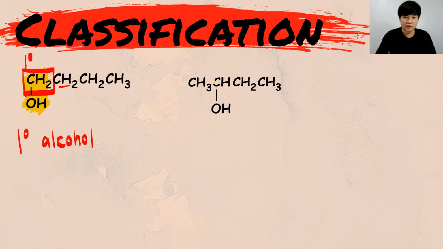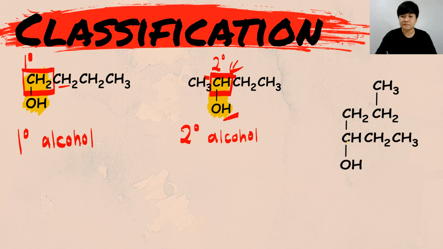Next, looking at the carbon holding the OH group only, this carbon is a secondary carbon because it is bonded to two more carbons. Therefore, it will be a secondary alcohol. So the class of the alcohol will depend on the class of the carbon holding the OH group.